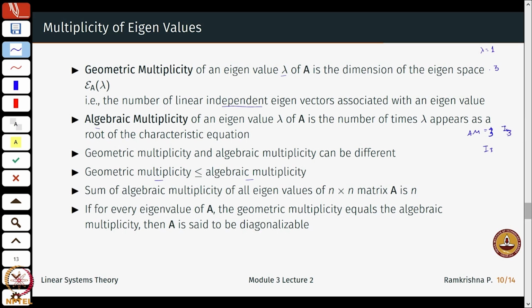So let us say I have lambda 1 with a multiplicity of n1, lambda 2 with a multiplicity of n2, lambda 3 with a multiplicity of n3. I am talking of the algebraic multiplicity. So in an n dimensional space, this n1 plus n2 plus n3 will always be equal to n. This is not surprising, right, because I am just counting all the eigenvalues.